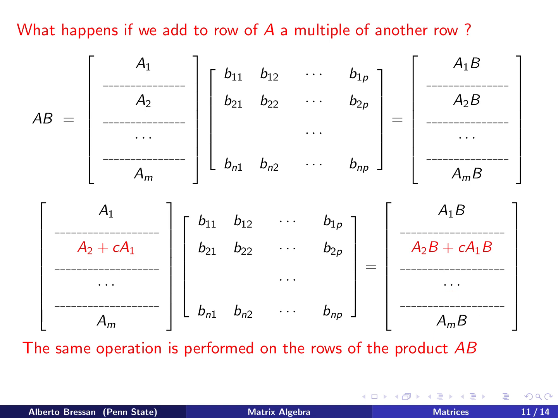The only row that will be changed is the second row, and what will be in this row is exactly A2 plus C A1, times B. So we can distribute the B and get A2 times B plus C A1 times B. You see that what happens to the product is exactly the same operation: you add to the second row the multiple of the first row by a constant C.